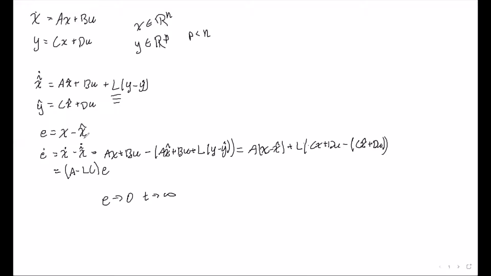This property will be satisfied when the state transition matrix A minus LC, seen here, is Hurwitz, or in other words, when all of the eigenvalues have negative real components. Thus, our objective in designing the Luenberger Observer is to specify the vector L such that the matrix A minus L times C is Hurwitz.